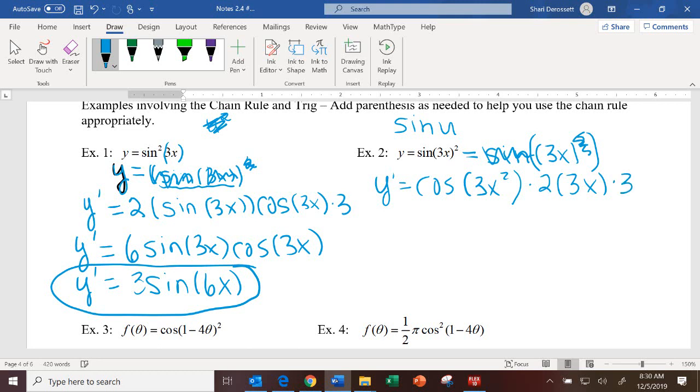And so now we're going to put all this together. So we're going to have y prime equals 2 times 3 is 6 times 3 is 18x cosine. Oh, I didn't write that right. That should be like that instead. Cosine of 3x quantity squared.